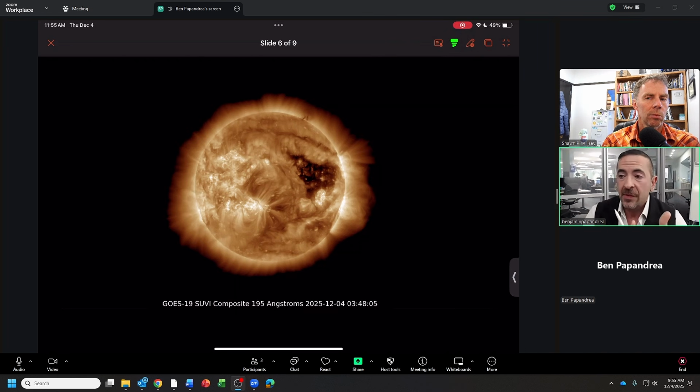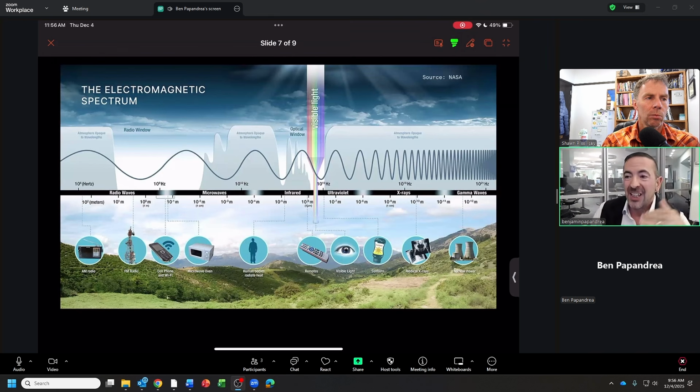The sun emits all kinds of radiation: X-rays, gamma rays, visible light, microwaves, radio waves, ultraviolet, a whole bunch of different types of radiation. And we call it the electromagnetic spectrum. So all of the energy that comes from the sun, all light, all radiation, carries with it an electric and magnetic field.